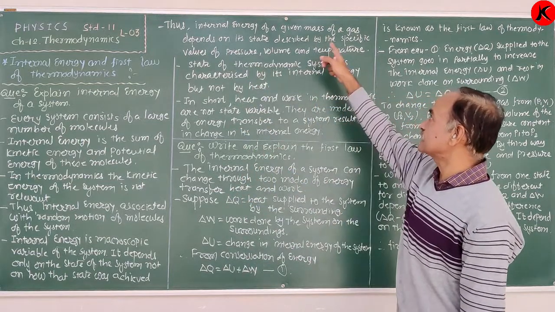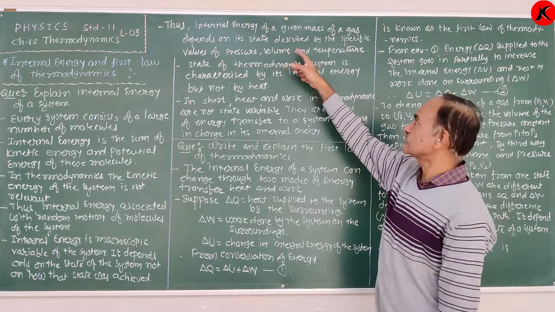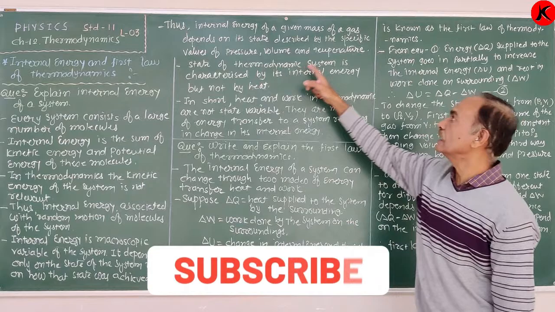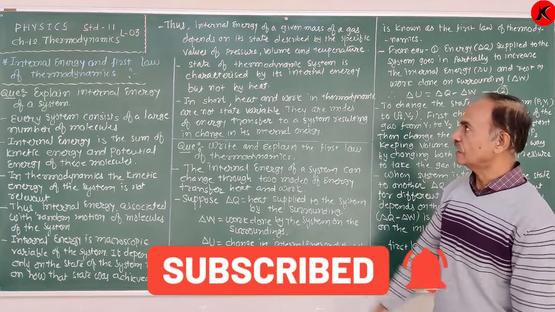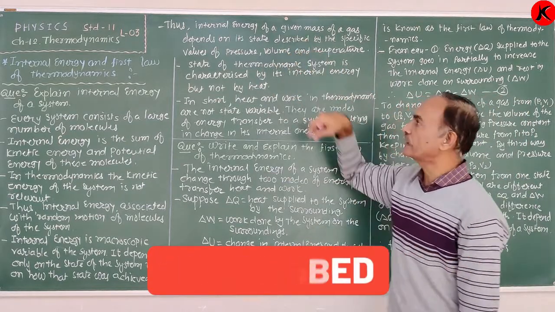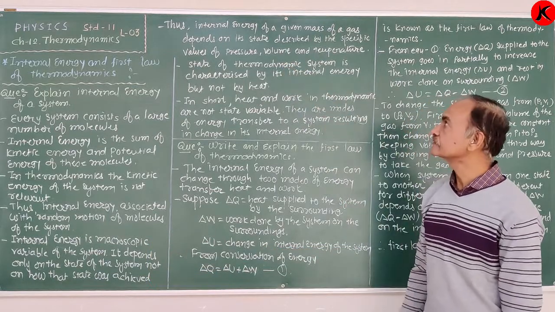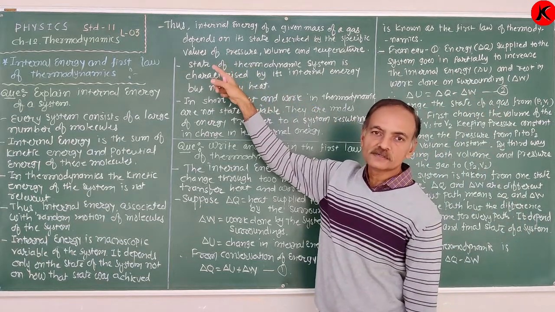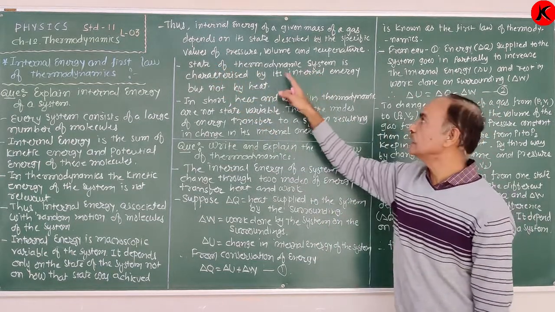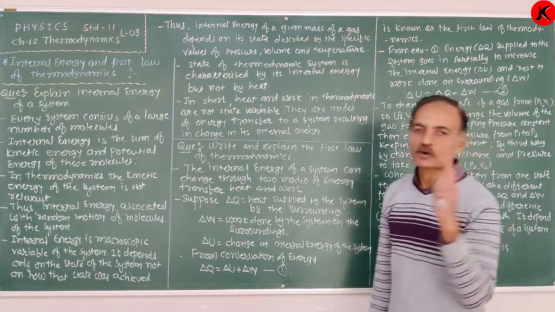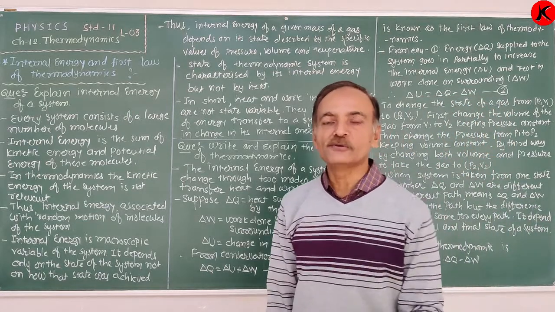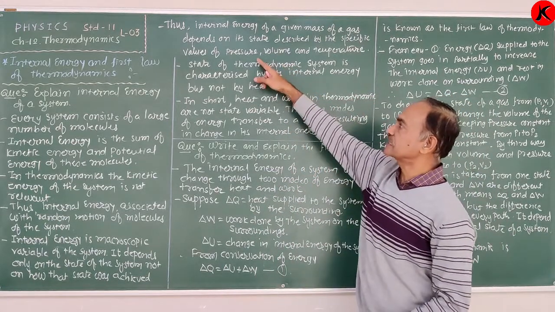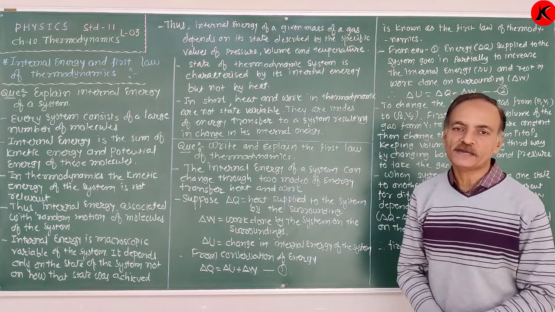Thus, the internal energy of a given mass of a gas depends on the state described by the values of pressure, volume and temperature. So in short, we can know the internal energy of a system by knowing the values of the other physical quantities: pressure, volume and temperature of a gas.